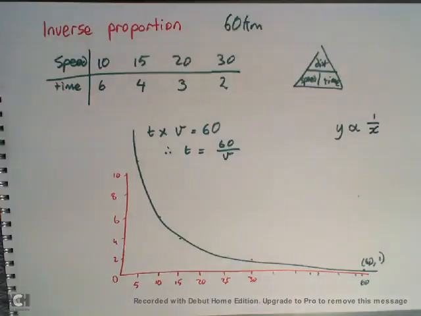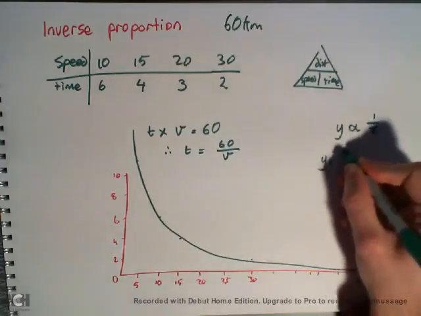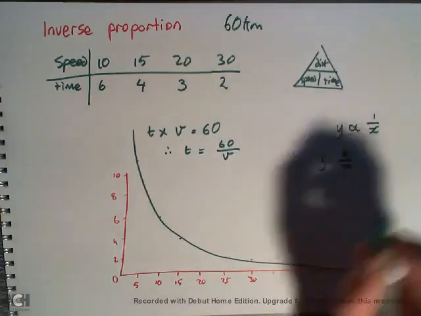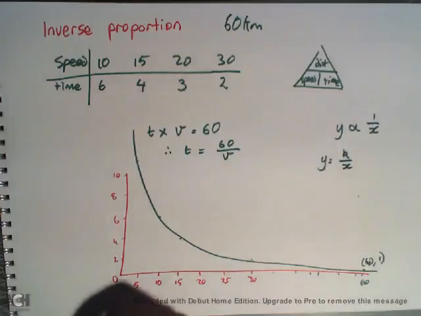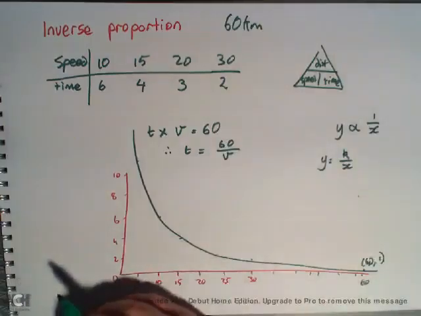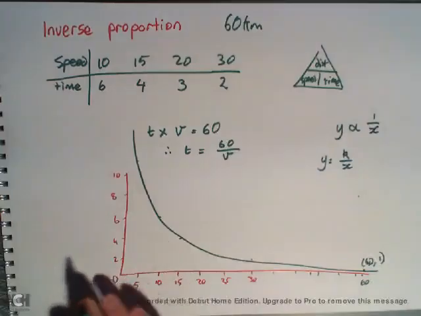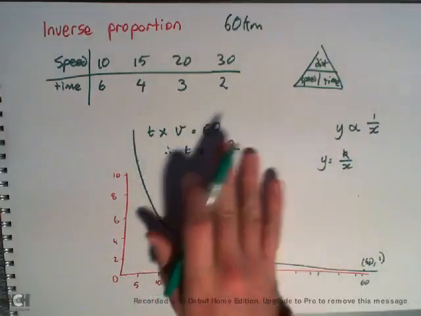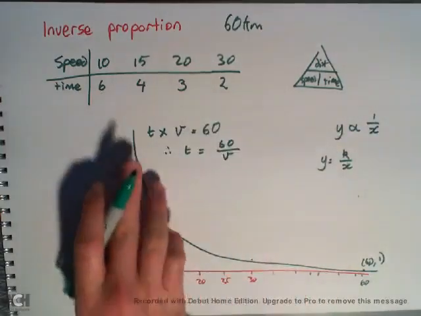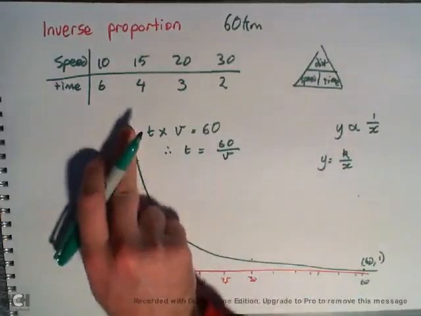A second point: if y is inversely proportional to x, then y equals k on x, where k is a constant of proportionality. So in this case, we've got 60 as our k, because we've dilated it.